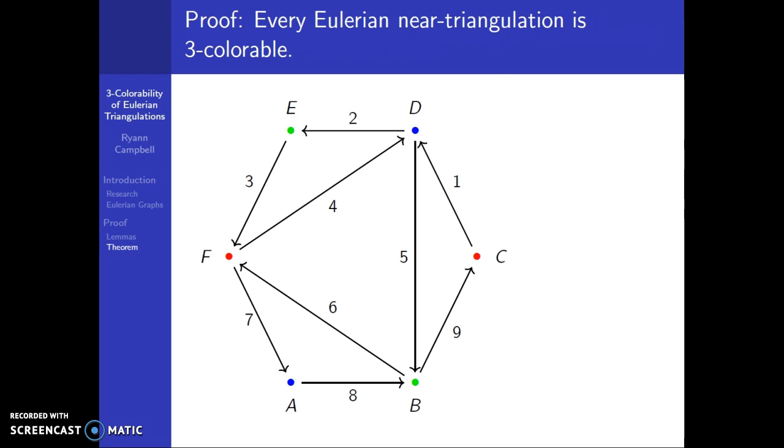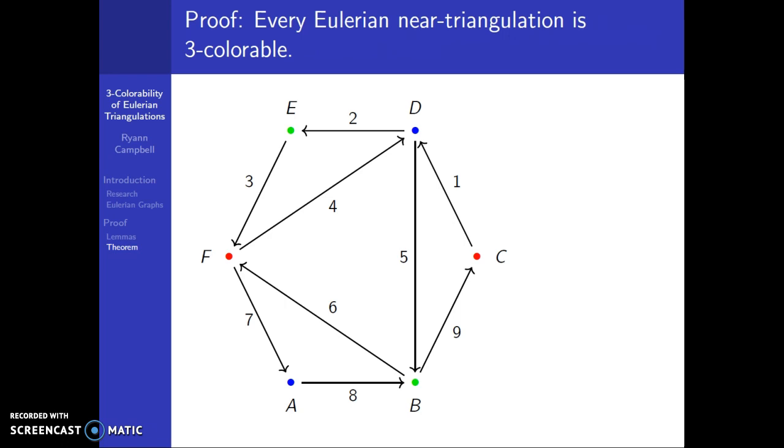We can also picture the graph as we split the graph in lemma 3.1. So we could take vertex D up there at the top, and we could split that into D and D prime. Edges 1 and 2 would remain intact with D, and then edges 4 and 5 would instead meet up at D prime.